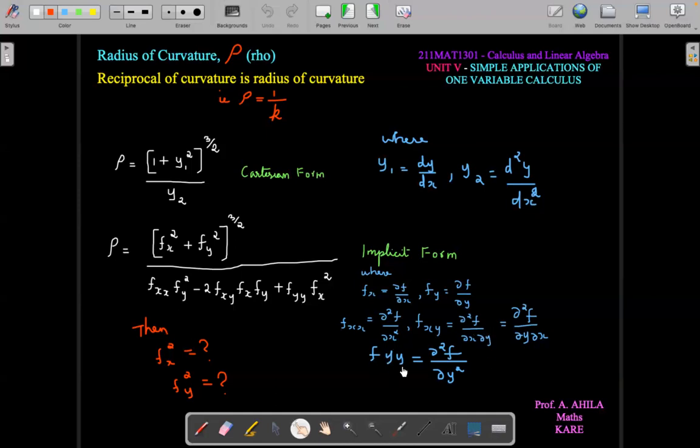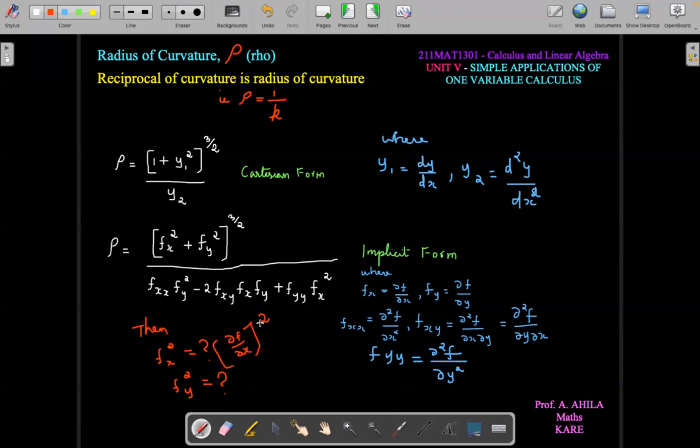And f double y equal to dou square f by dou y square, that is differentiating successively f with respect to y. Now, fx square is dou f by dou x the whole square. So don't confuse f double x with fx square.